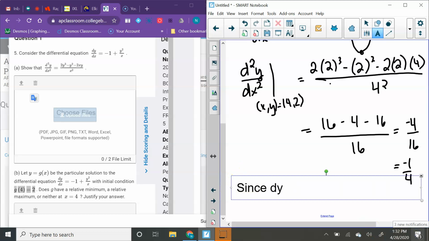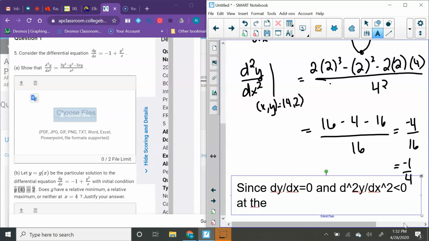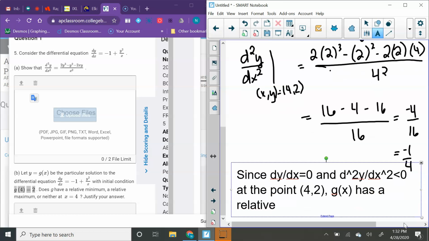We will say since dy dx equals 0 and d squared y over dx squared, that's my second derivative, is less than 0 at the point 4,2, g of x has a relative, in this case, since our second derivative is negative, means concave down, which means that you'll have a maximum point there.